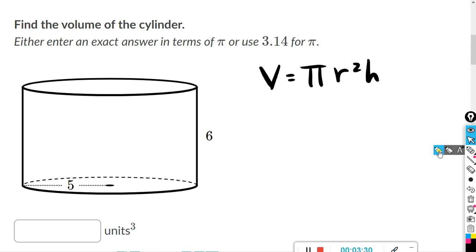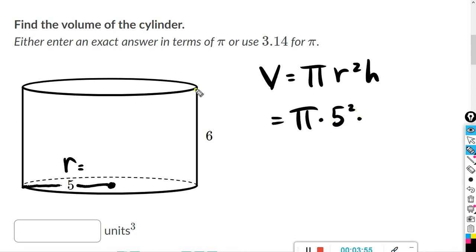Once again, we're using our volume formula for the cylinder, pi r squared h. You keep the pi, the radius r, it starts at the center, and it goes to the edge of the circle. So in place of r, we're going to put the 5, and that gets squared.